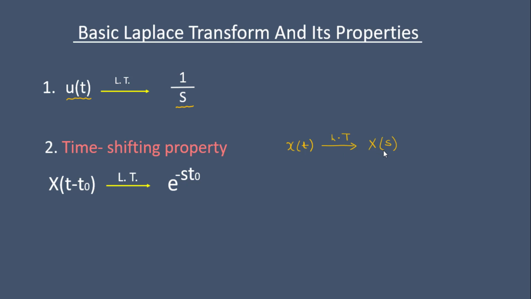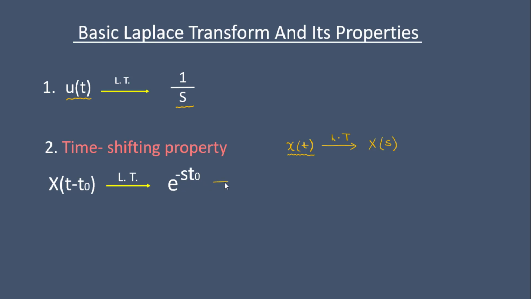Now let us see the time shifting property. If you have the same signal x of t and it is time shifted, you will get x of t minus t naught. The signal x of t is shifted by t naught, and the Laplace transform of x of t minus t naught results in the exponential e raised to minus s t naught.